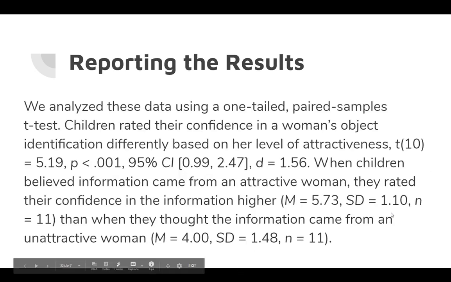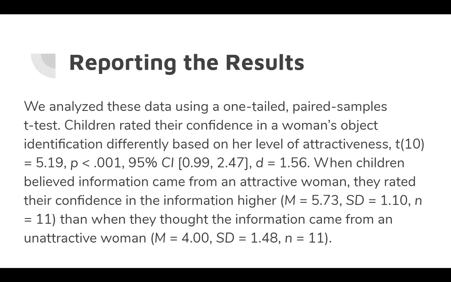So when it comes to reporting the results, we might do something like this. We analyze these data using a one-tailed paired samples t-test. You have to give whether your hypothesis was one or two-tailed, and you need to say that it was a paired samples t rather than an independent t. Children rated their confidence in a woman's object identification differently based on her level of attractiveness.